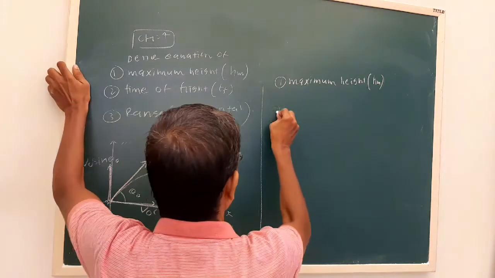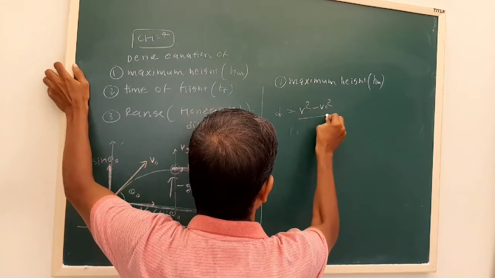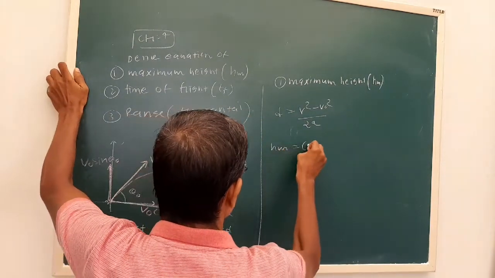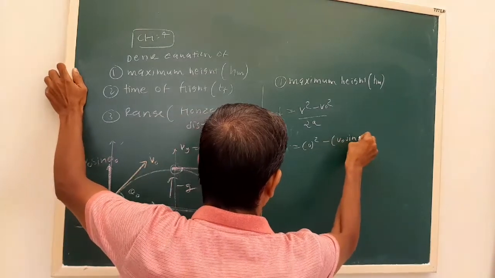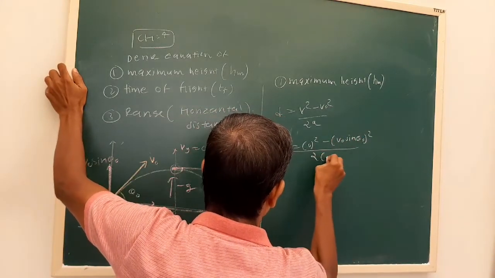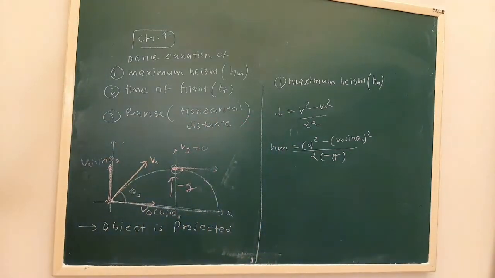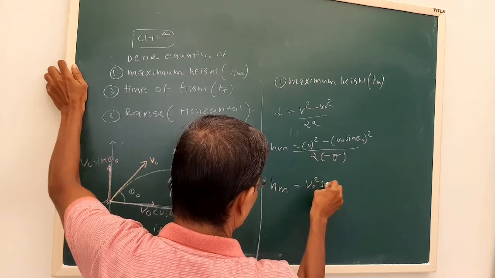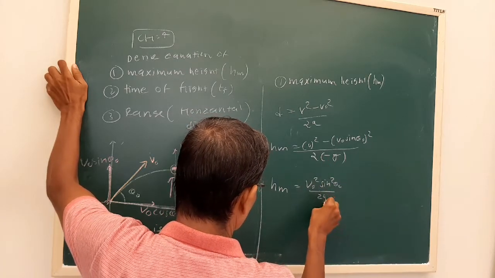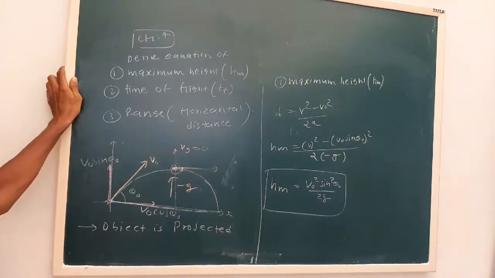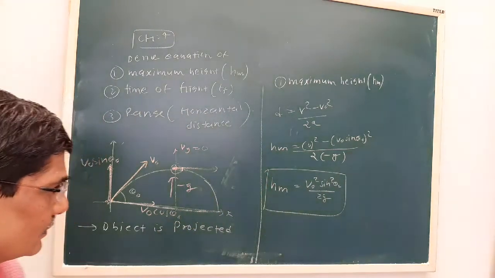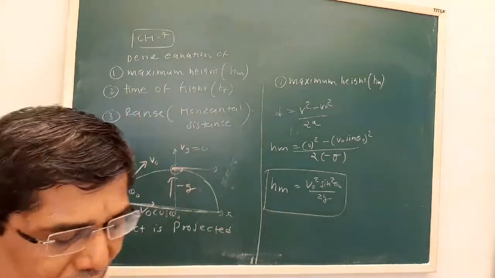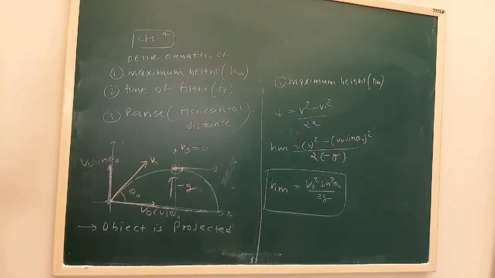Our equation v square equals v0 square minus 2 g h. Distance or height is hm, acceleration is minus g. So hm is, minus minus cancel, v0 square sin square theta upon 2g. This is the formula for the maximum height. Do not get confused with h max, that we'll discuss later on.